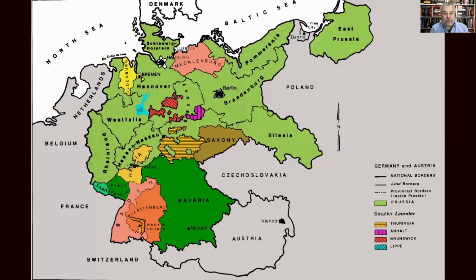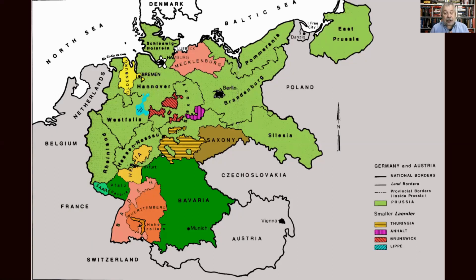Here you can see a map of Germany and roughly kind of the Gaus: Pomerania, East Prussia, Brandenburg, Silesia, Saxony, Bavaria, Baden, and so forth. All these will be Gaus. Big cities like Berlin and Nuremberg will make up a Gau of their own.